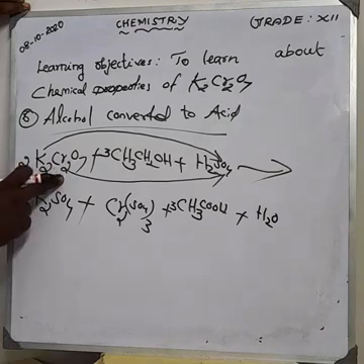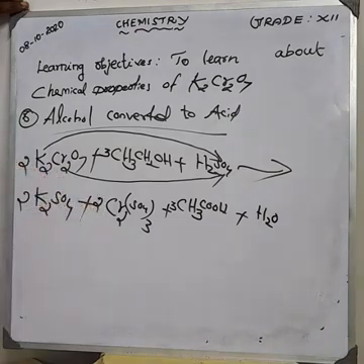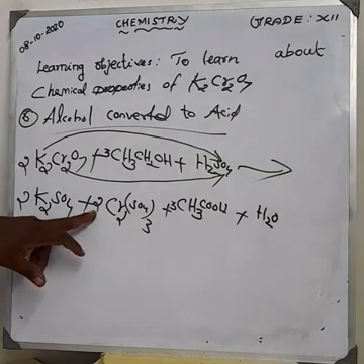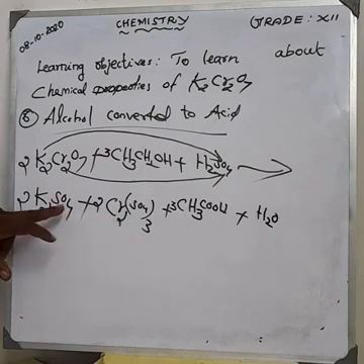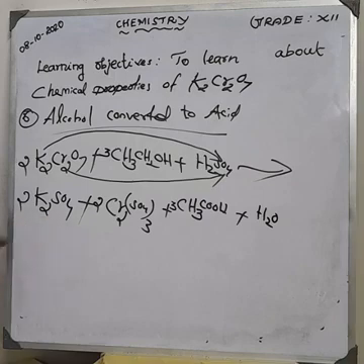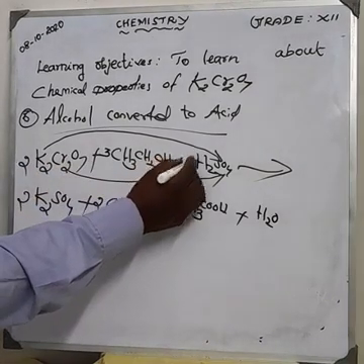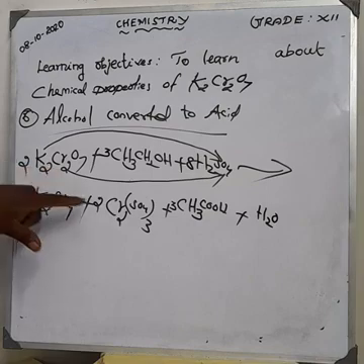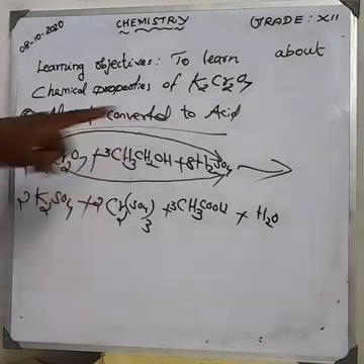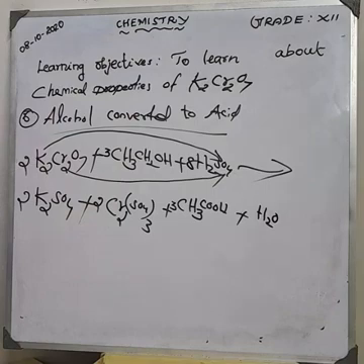Chromium: 2 twos are 4, so chromium is balanced. What about the sulfate? 2 threes are 6, 6 plus 2 is 8, so make it 8 here. So sulfate is balanced. Potassium, chromium, sulfate and carbon are all balanced.